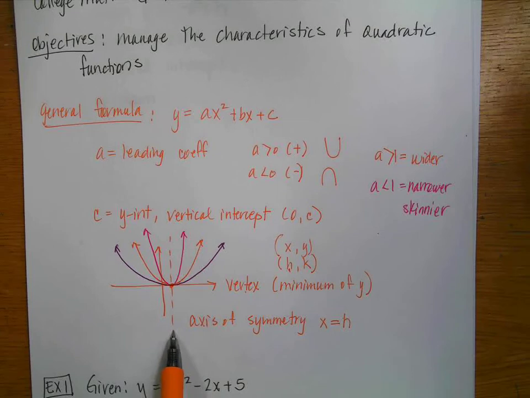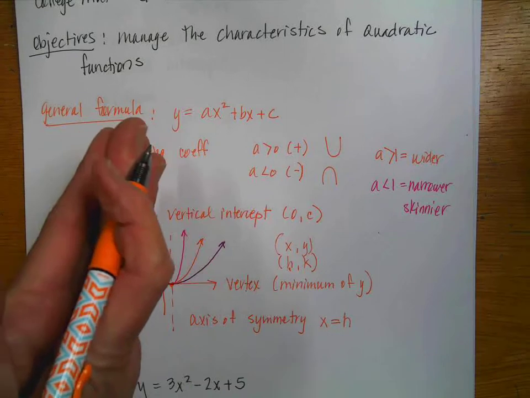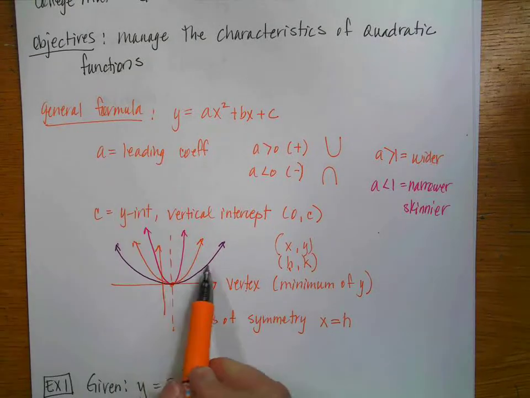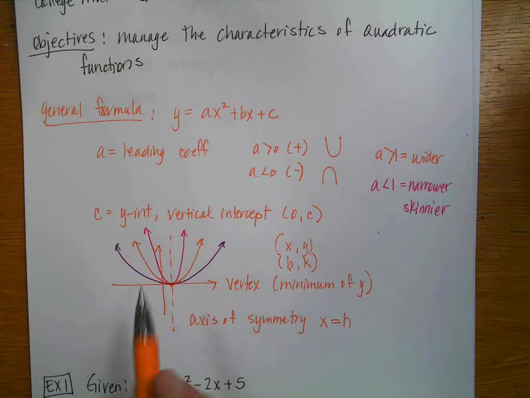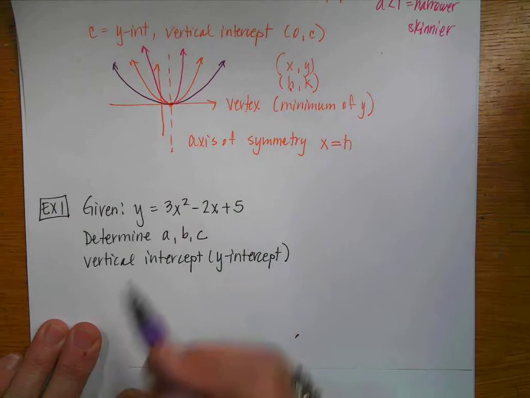The axis of symmetry is always drawn as a dashed line. It's not an asymptote, but it is just showing that it is the center of the parabola. If you took the parabola and bent it in half on the axis of symmetry, the two pieces would match up exactly.